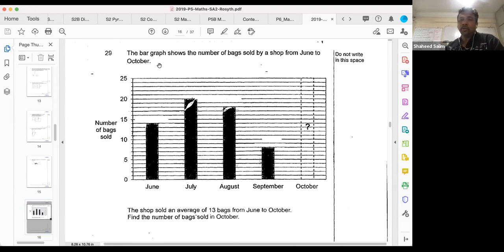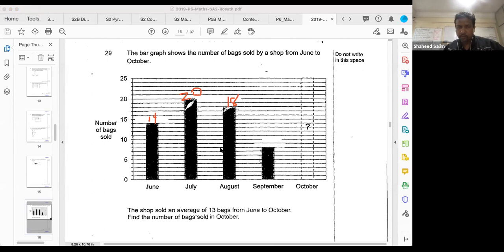They want to know the number of bags sold in October. I'm going to write the number here because you may not be able to see clearly. This one is 14. This one is 20. This one is 18.